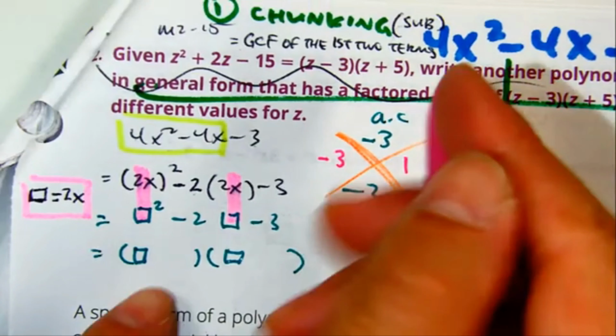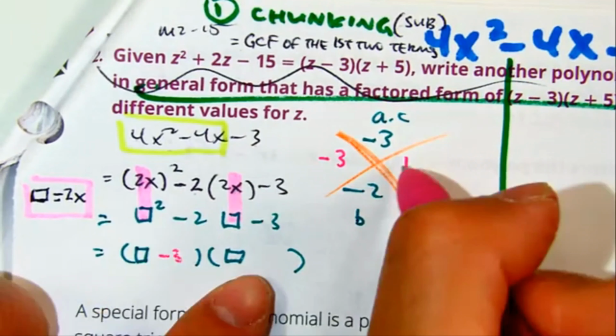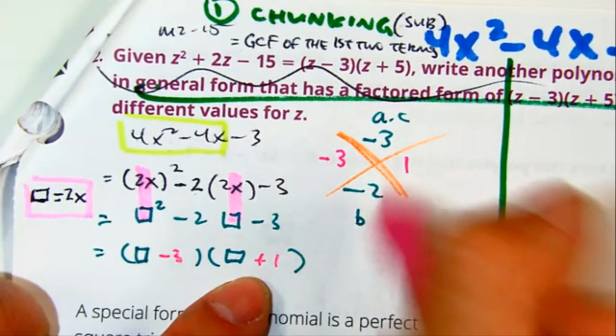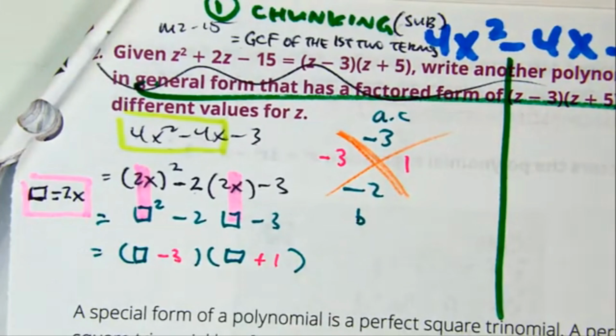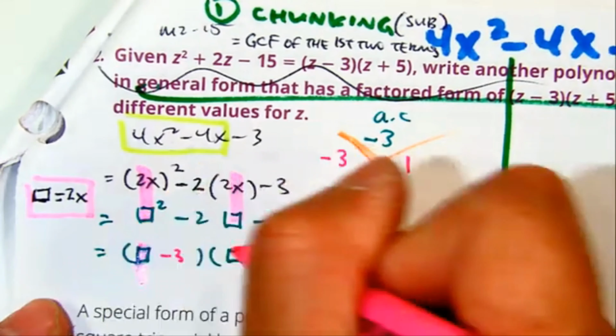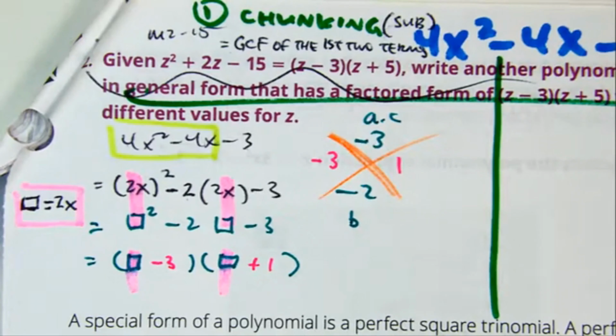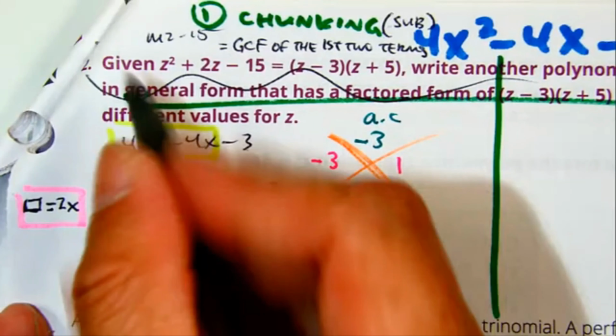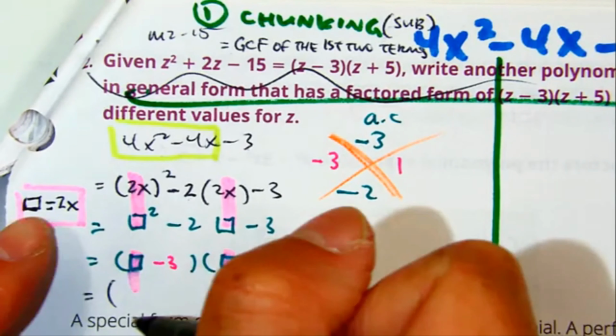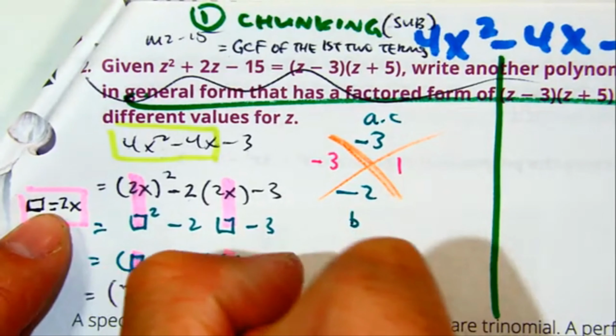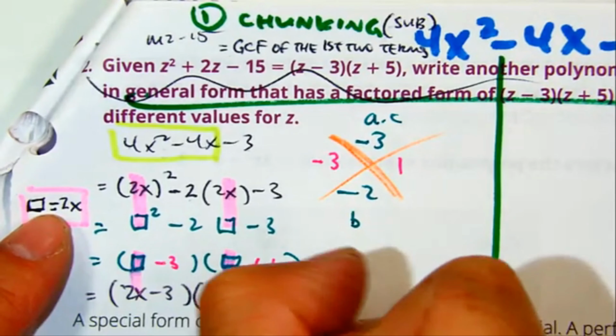We have negative 3. 1 here is positive. And then I'm going to do my substitution one more time. And so basically what we have now is 2x minus 3 and 2x plus 1.